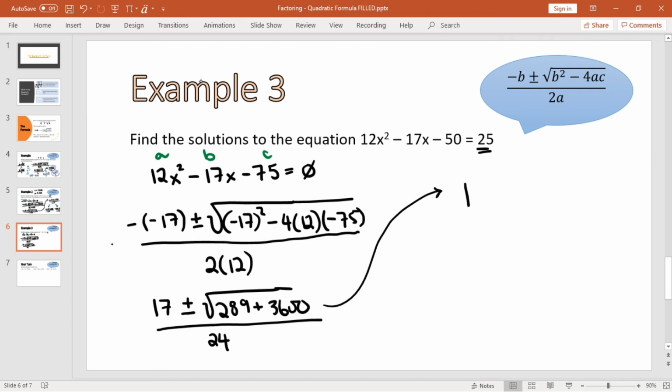And I'm going to be at 17 plus or minus root 3889 over 24. So at this point, they didn't ask me whether they want exact or decimal solutions, so I'd quickly slap 3889 into my calculator, see if it was a perfect square. It is not, and then I would walk away. That's my answer. You don't need to clean it up anymore.